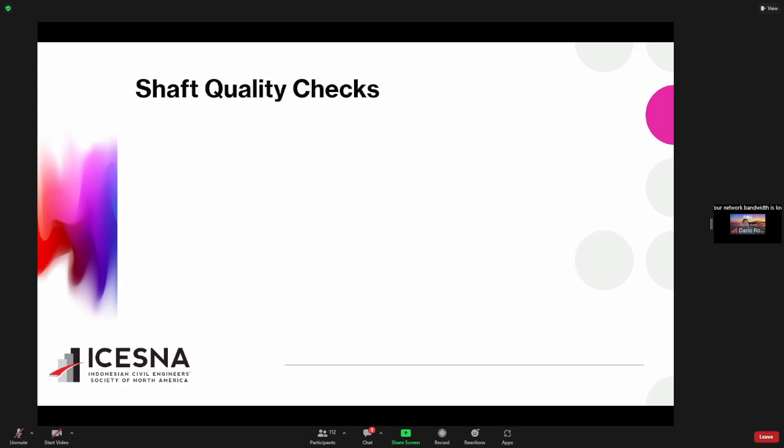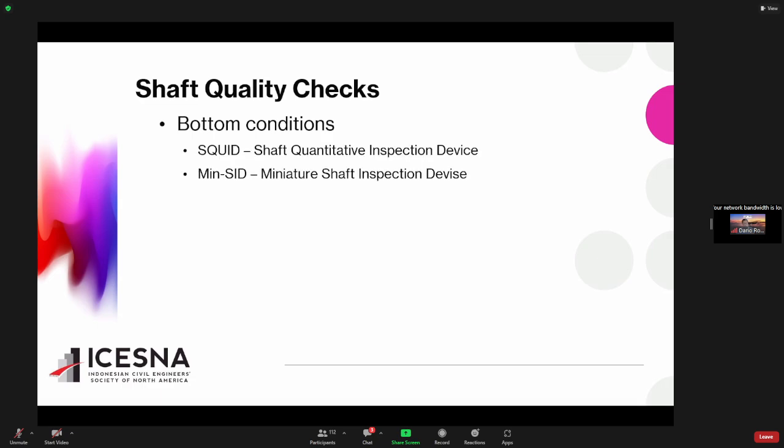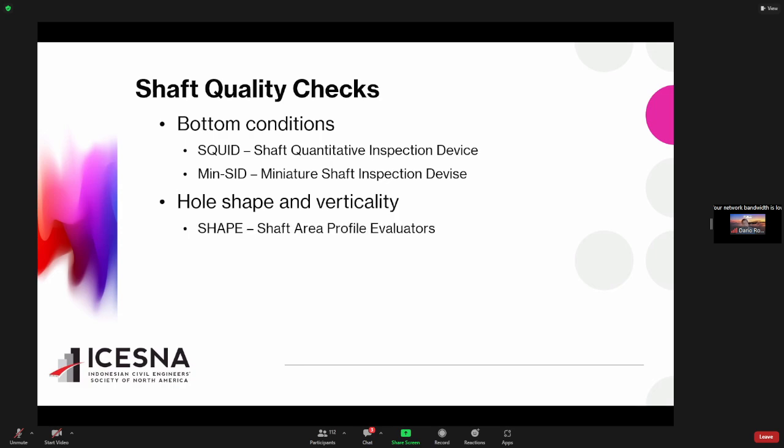So, quality check, bottom condition. How do we check the bottom condition? We usually use a device called SQUID, the Shaft Quantitative Inspection Device, or MINSID, the Miniature Shaft Inspection Device. For the whole condition of the hole, I typically use SHAPE, the Shaft Area Profile Evaluator, a device to check the whole hole.